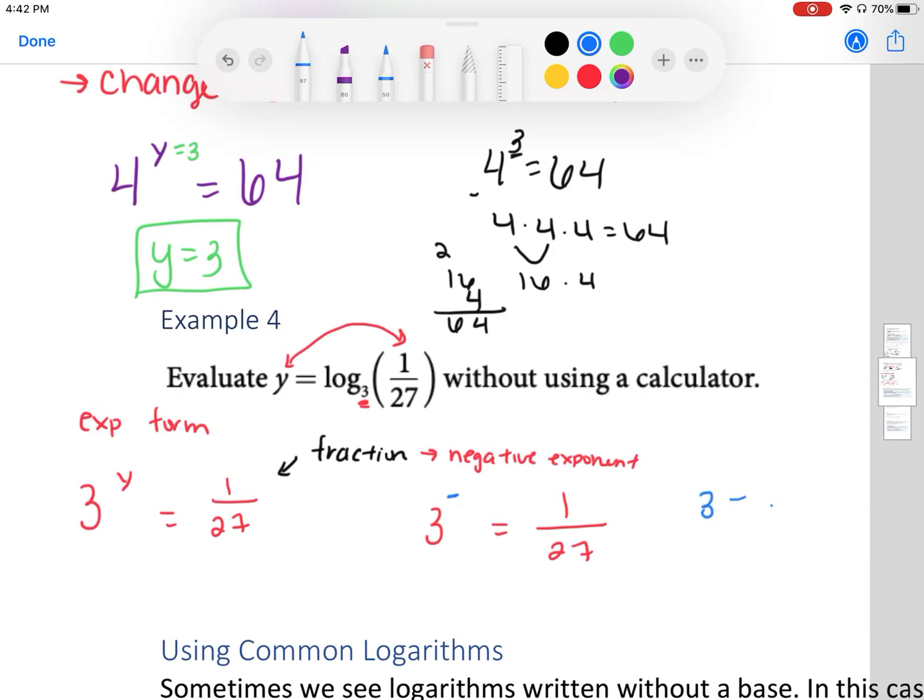Now, 3 raised to what power gives me 27? 3 to the third power gives me 27. 3 times 3 is 9, times 3 is 27. So 3 to the negative 3 will give me 1 over 27. So negative 3. My y is negative 3.